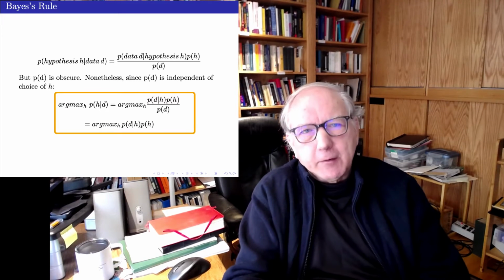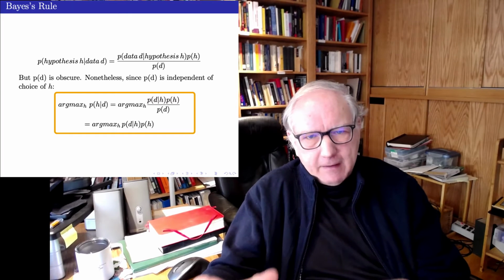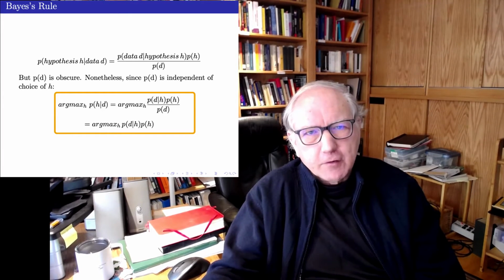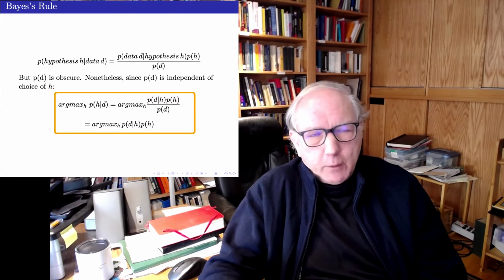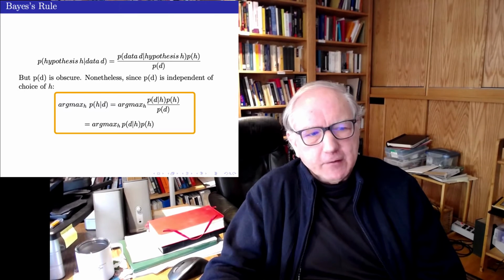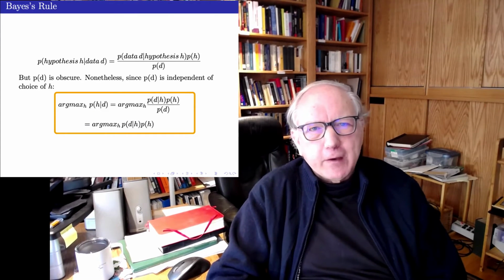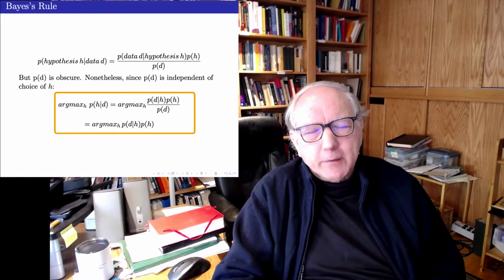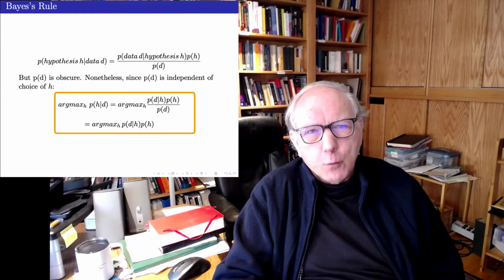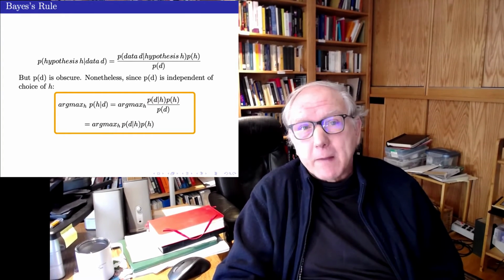This is basically like a function that says, given a set, I'm going to find the element that has the largest value. We're generating this set of values, one for each hypothesis, and argmax says, give me the hypothesis that's associated with the highest value. Even though I don't particularly care what the value is, I want to know which hypothesis is associated with the highest value. And that's what argmax means.